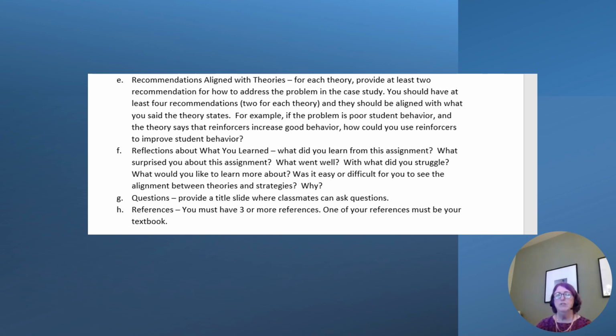Now, where students sometimes fall down here is they forget to align the recommendations with the theory. So if the theory has one set of ideas, for example, how to reinforce good behavior, you'll want to have that idea in your recommendations. For example, if the problem is poor student behavior and the theory says that reinforcers increase good behavior, how would you use reinforcers to improve student behavior?